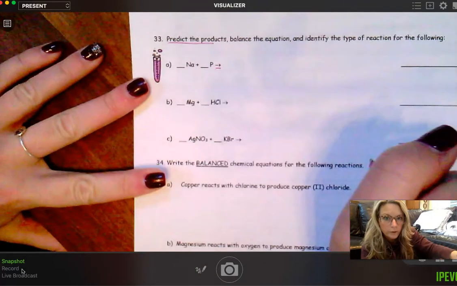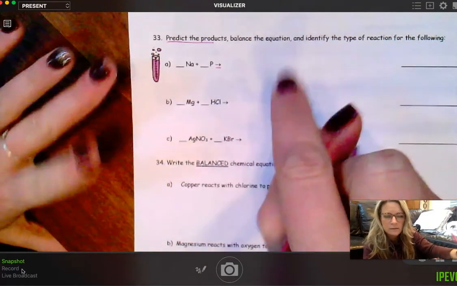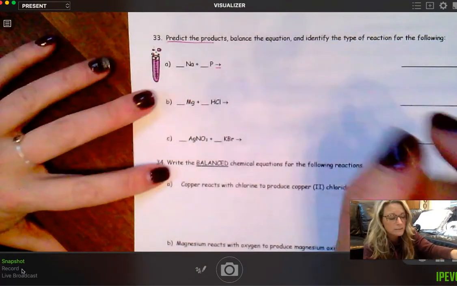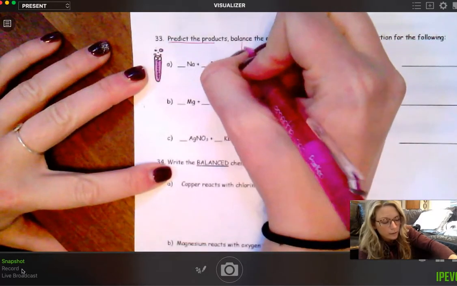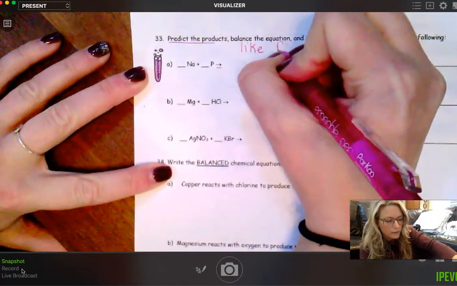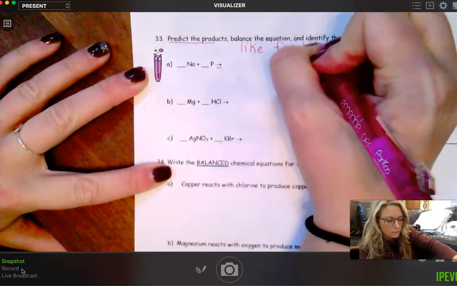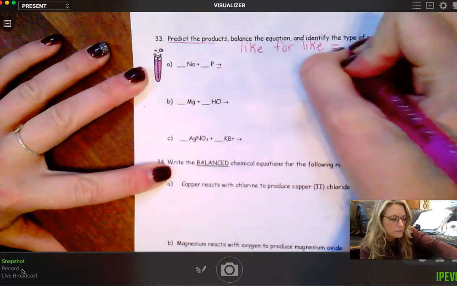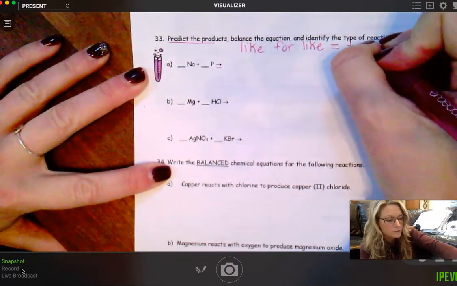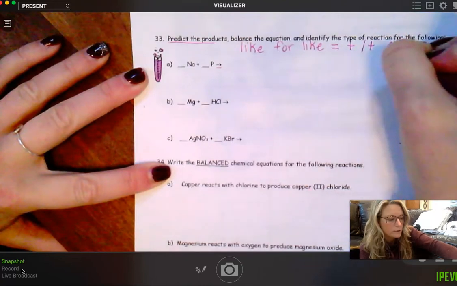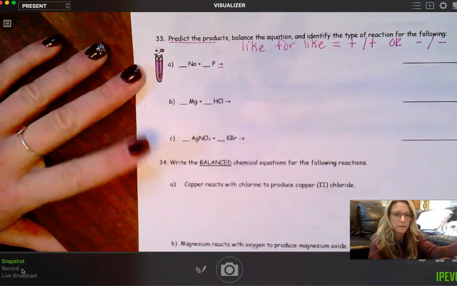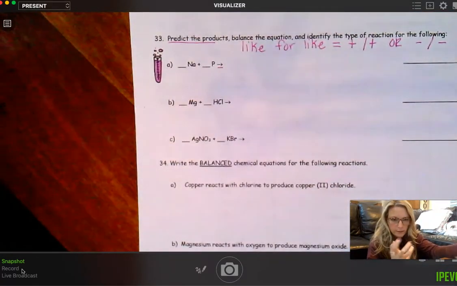The only rule that you guys are going to have to remember, because you're basically going to be combining or switching things out, is like for like. Like replaces like. What that means is positive replaces positive or negative replaces negative. You never have a positive replace a negative.